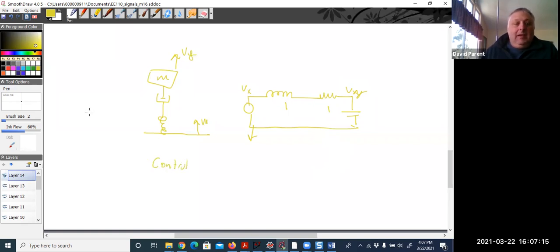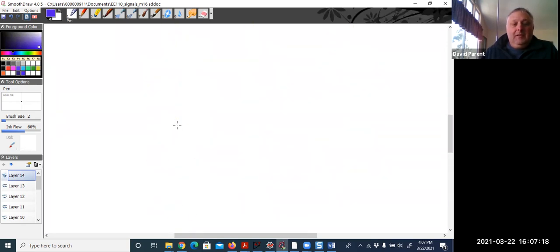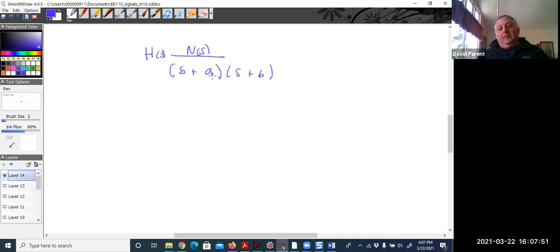And then the other one is control. Just to give you a brief idea of that: so far we've had numerators, and we've had poles that are real and different, the same, and we've talked about a pair of complex.